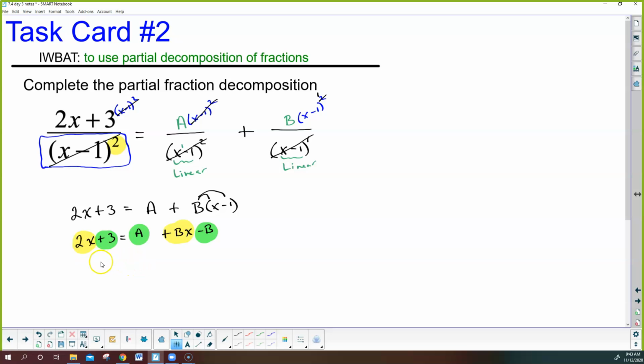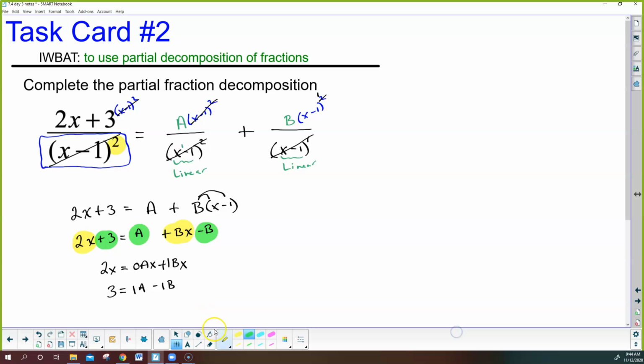And then what I'm going to do is write this out. How did I get the 2x? The 2x was really made up of, and I like to do this, there is no A term that has an x, so I'm going to say 0Ax plus Bx. And you can put a 1 in front if you want, because there is a 1 here. And then how did I get the 3? The 3 was made up of 1A minus 1B.